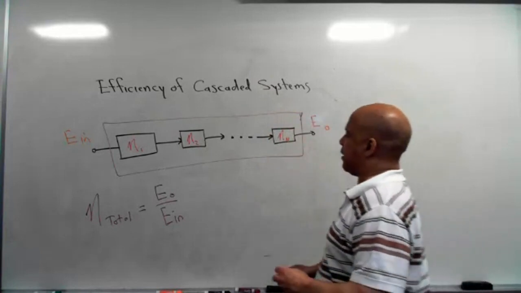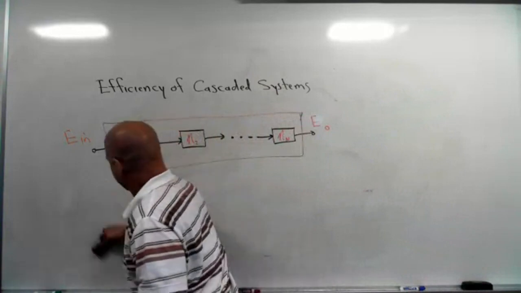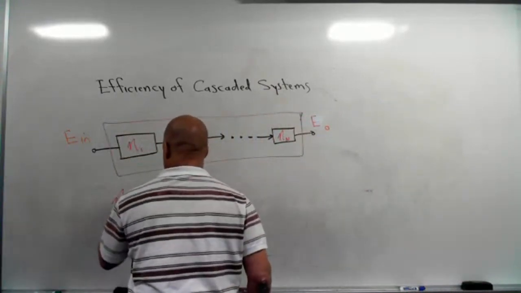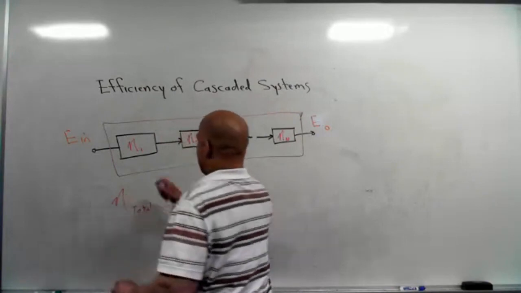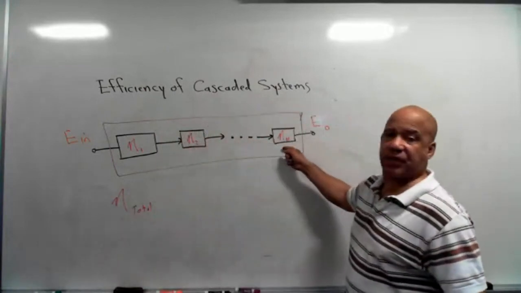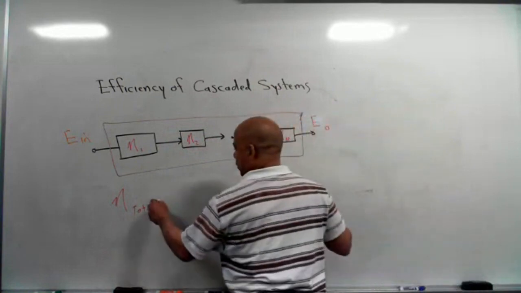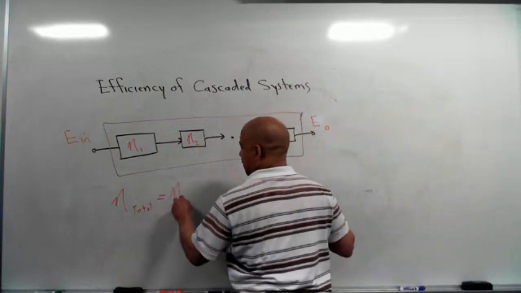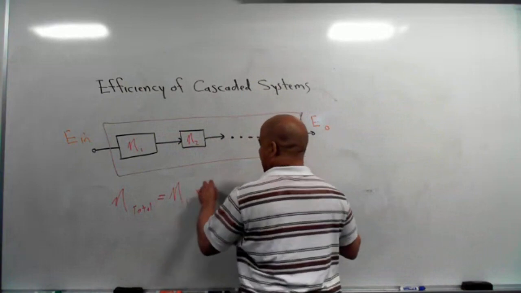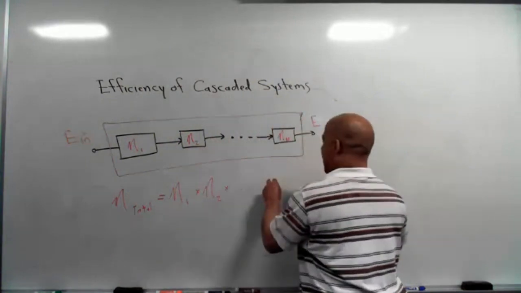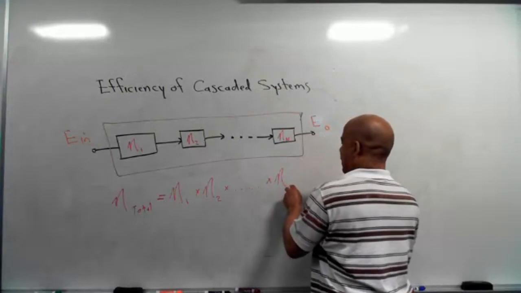If you look at it that way, then I can also get the total efficiency by multiplying the individual efficiencies if I have these cascaded transducers. So what I'm saying, the total here would be the first efficiency times the second efficiency times however many I have, all the way out to the last one.